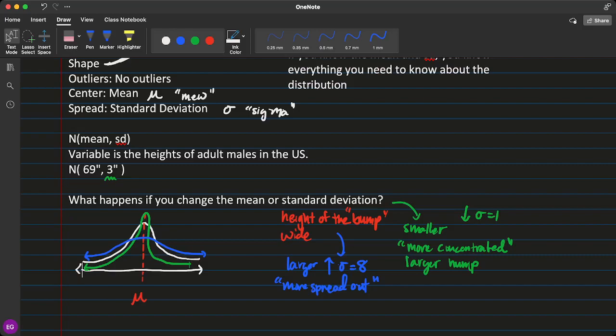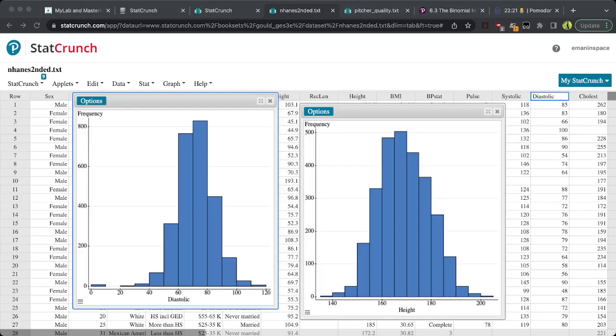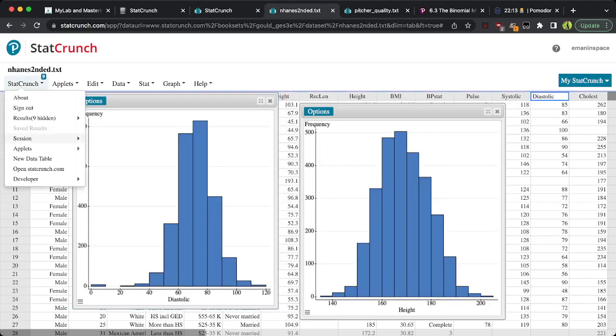Okay, cool. And there are some ways to look at this on StatCrunch, so we're going to switch over to there. It's called simulation. I'm going to open up a new StatCrunch data table.